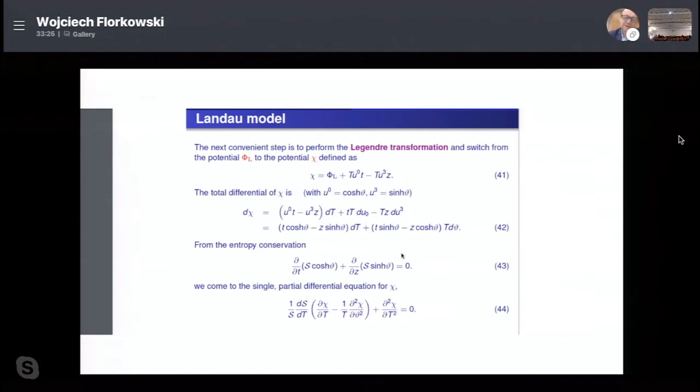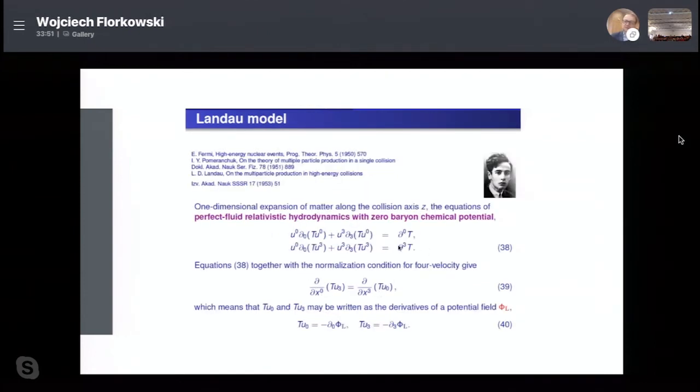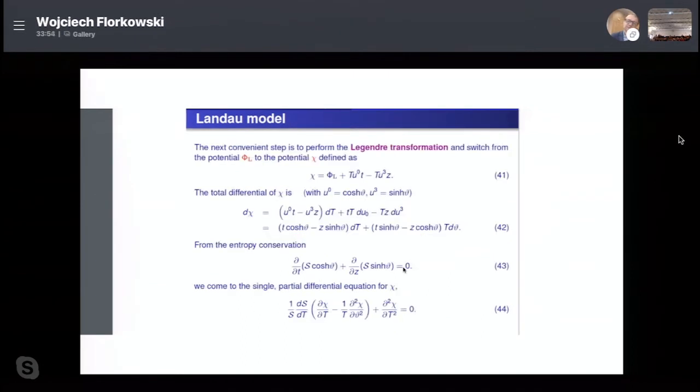But they come back to the entropy conservation equation, and then they can prove that using the new potential, the chi potential, one gets one differential equation which is of higher order. So we can understand that we start with two differential equations, equations 38 here, and we can replace them by one equation of higher order.